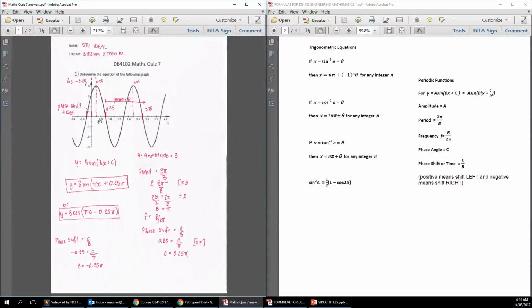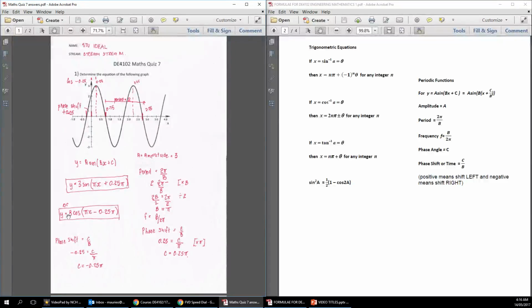Now, if we were to treat it as the cosine graph, but with a phase shift of 0.25 to the right, or negative 0.25, because if it goes to the right, you can see here, negative means shift to the right. So we've got a phase shift of negative 0.25.